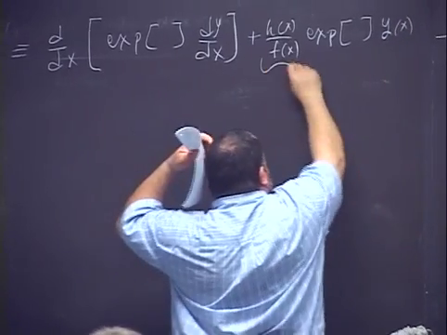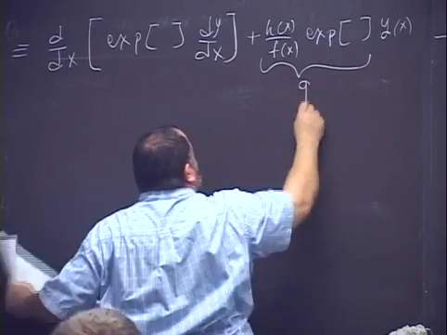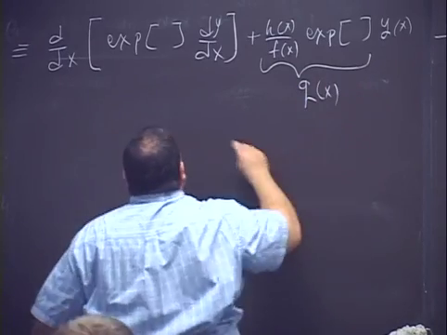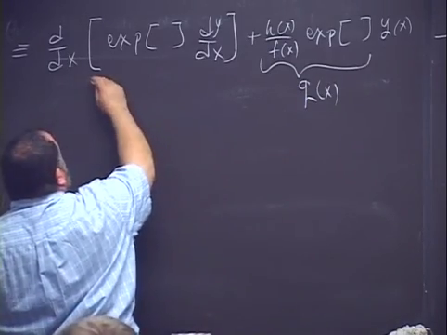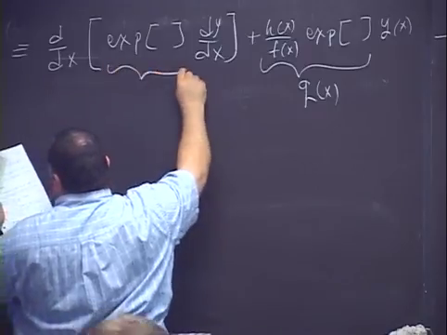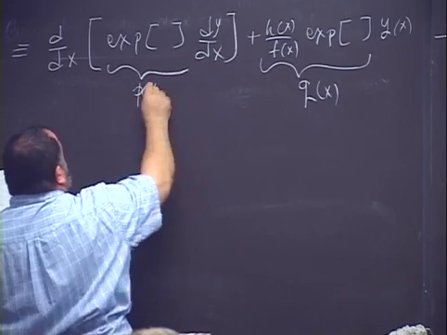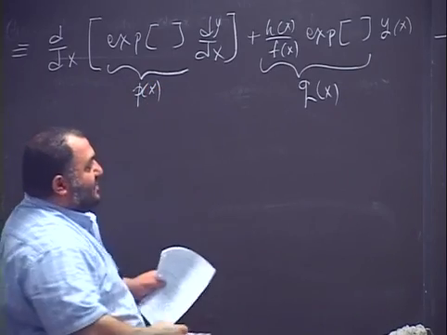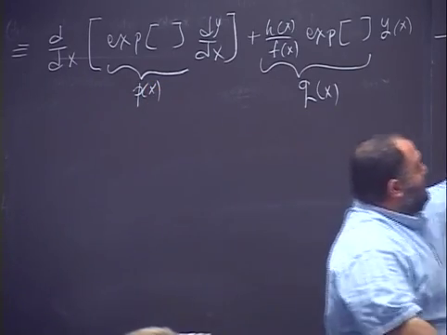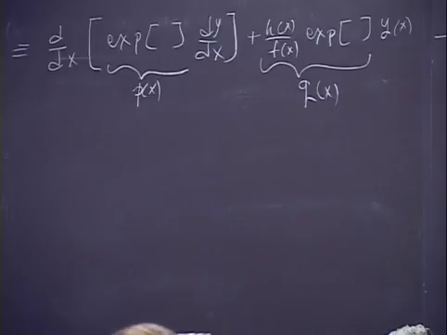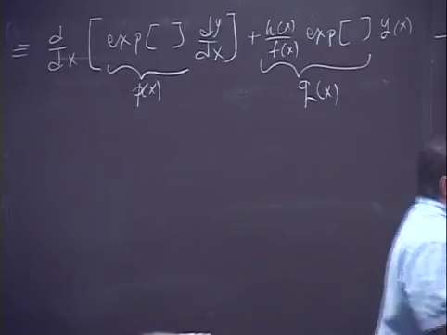So we can call this q of x, and we can call the exponential of this function p of x, and this will give us d by dx of p of x dy by dx equal to q of x multiplied by y of x.